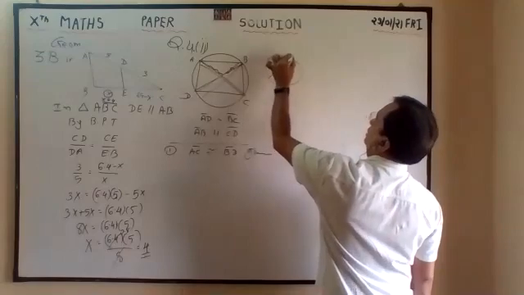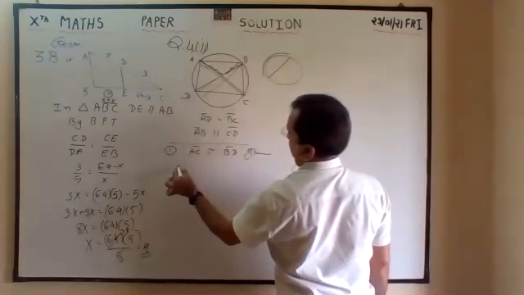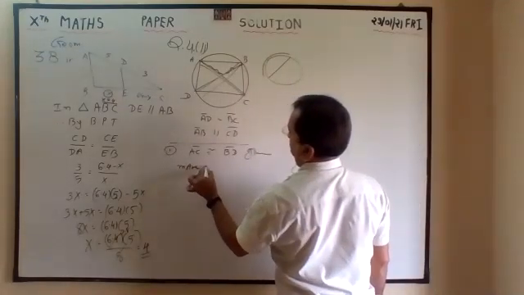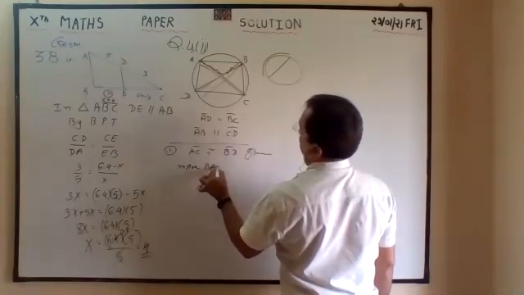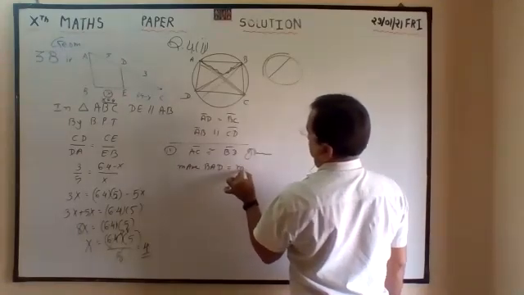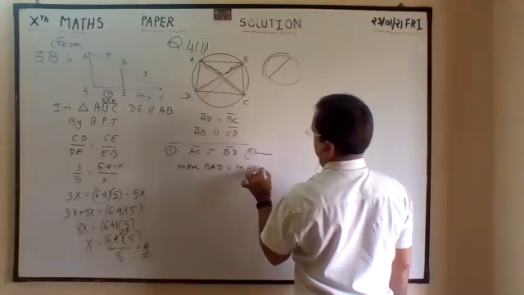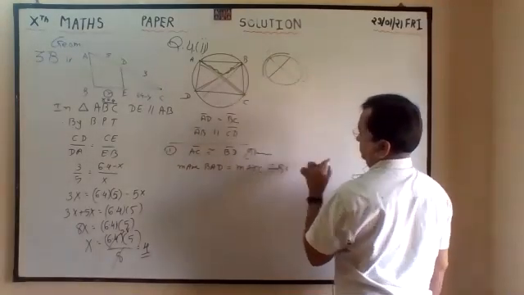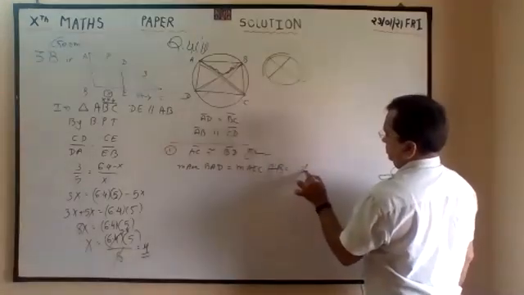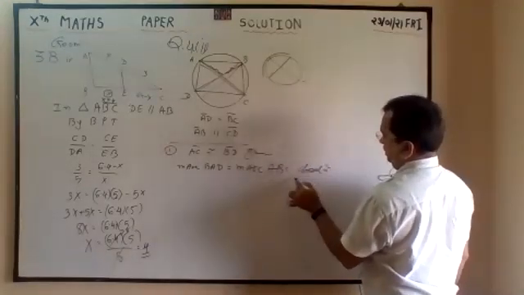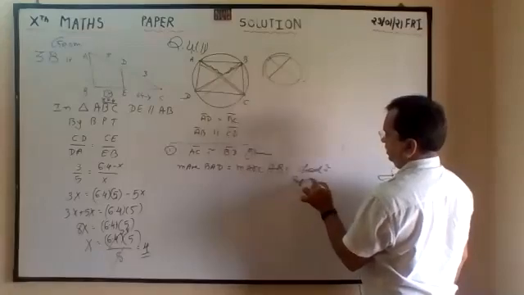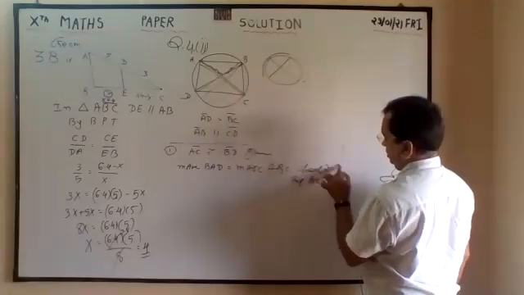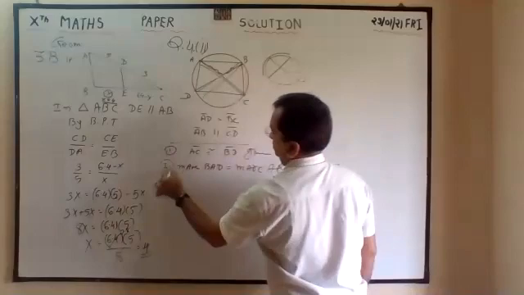If this is congruent, so this means major arc BAD is equal to major arc ABC. Chord congruent, respective arc congruent. This is the reason.